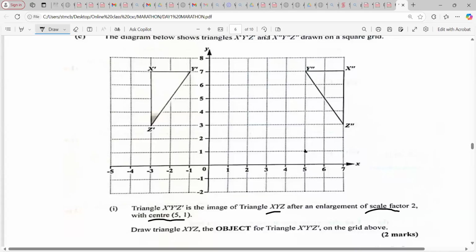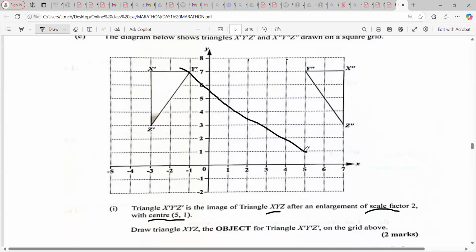Alright, so what we are going to do is draw a line to each vertex from the center. I try to make it as accurate as possible, but I know it won't be really accurate. So we draw to each point.